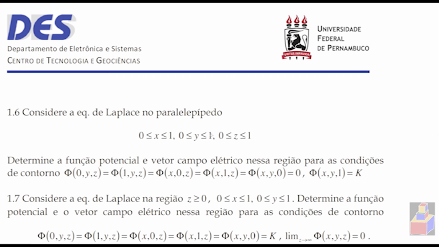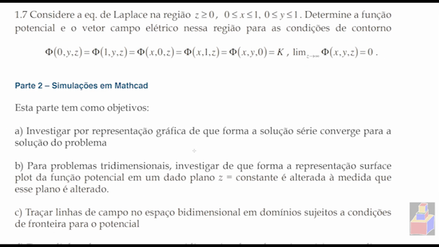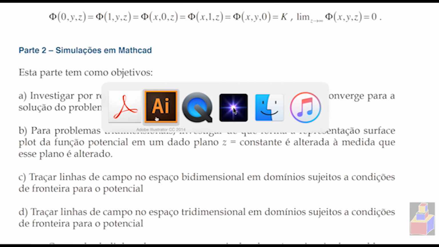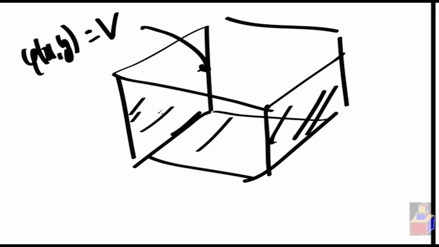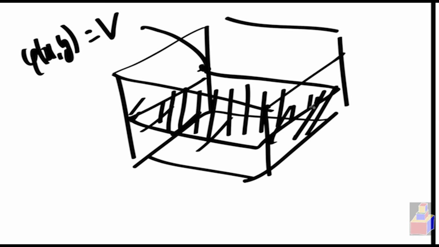We also want to look at three-dimensional problems. Suppose we have this problem here. If you take slices in this region, the potential changes in this XY region here. And as this plane goes up and down, the function behaves differently.